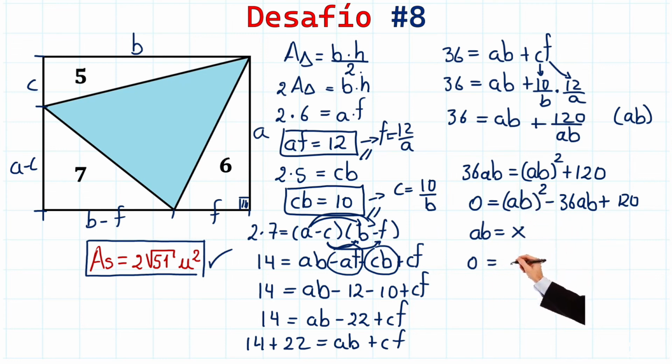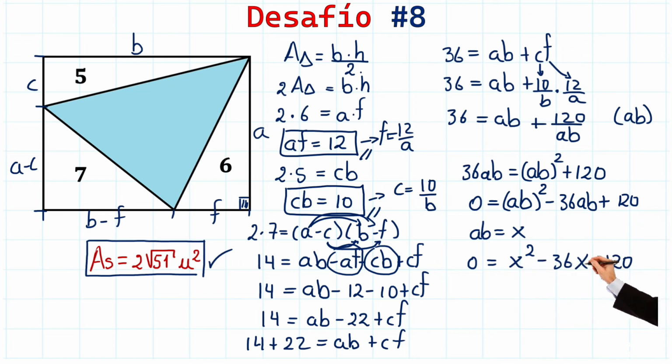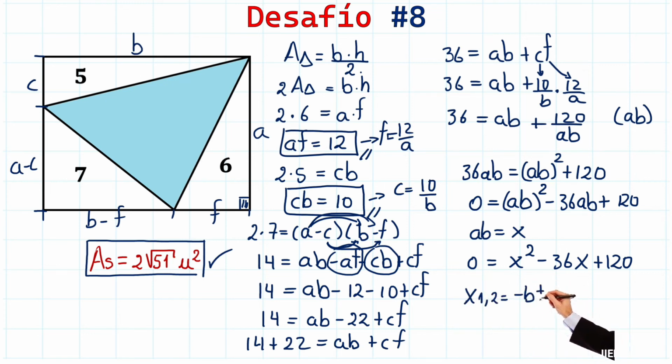So let's replace here. Instead of AB squared, we put X squared, minus 36, instead of AB we write X, and plus 120. Now see if it looks clearer that this is a quadratic equation that we can solve with the general formula. So we are going to apply the general formula. Remember, x is going to be equal to minus b plus or minus the square root of b squared minus 4ac, all of this over 2a.